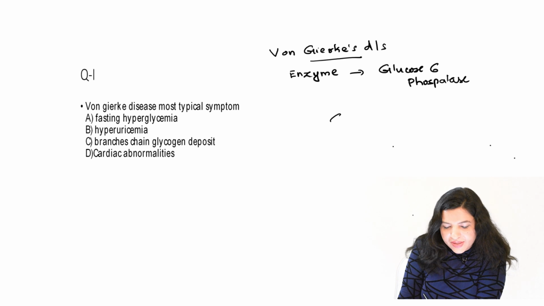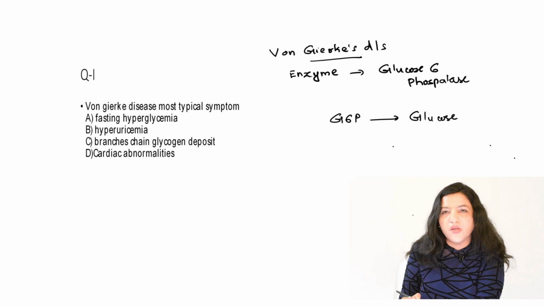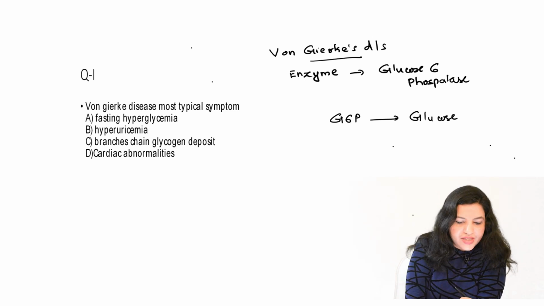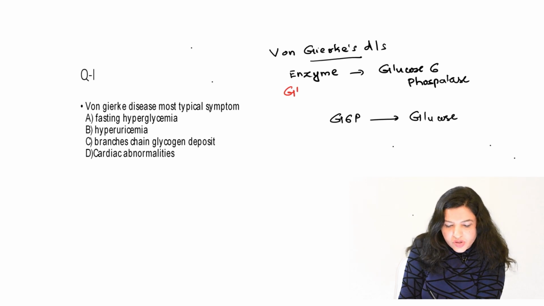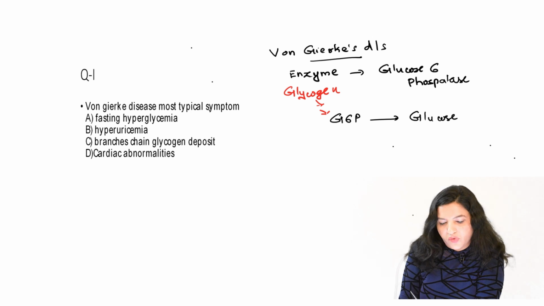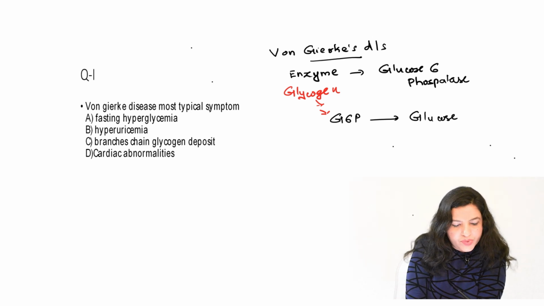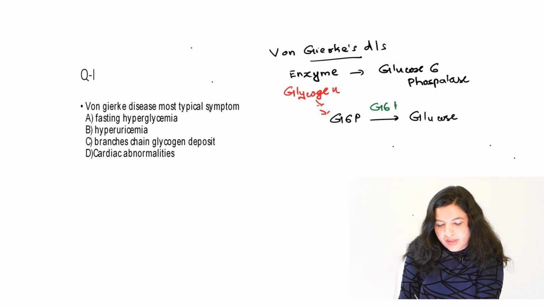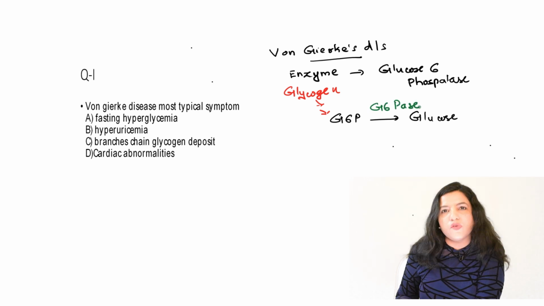This enzyme catalyzes the conversion of glucose 6-phosphate to glucose. In what all pathways does this reaction come? Number one, the glycogen, when it is degraded, after multiple steps reaches glucose 6-phosphate, and it has to be converted to glucose, and that is by the enzyme glucose 6-phosphatase.